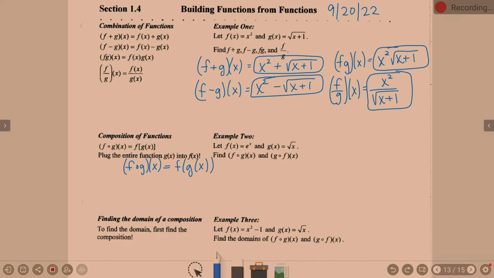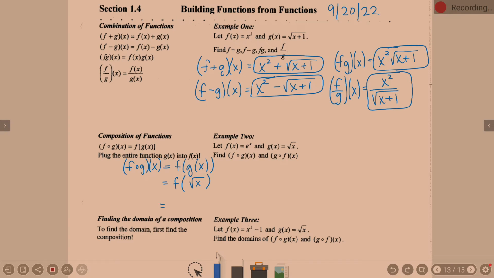G is the square root of x, yes? If I take kind of a middle step, and you may not want the middle step, I go ahead and just say, okay, g of x is square root of x. What I'm actually going to be doing for f of g of x is f of square root of x. Because I'm taking whatever g of x is, which is square root of x, and I'm going to put it into f.